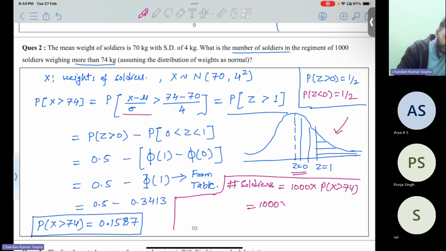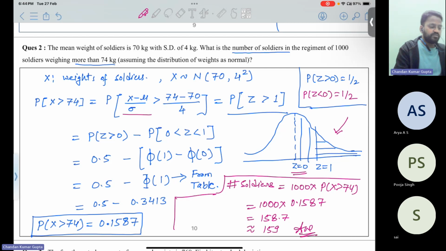That means 1000 into 0.1587, which is equal to 158.7, which can be approximated as 159. So there may be around 159 soldiers whose weight is more than 74 kg.